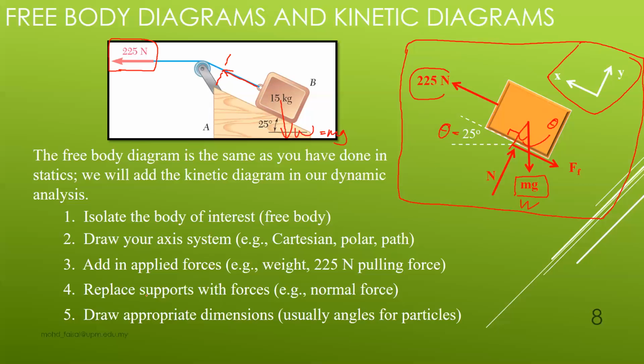And then replace supports with forces, like the normal force. It is your support force. And then, of course, your weight of that particular object. And then draw appropriate dimensions, usually angles. That is the general steps on how to do that.